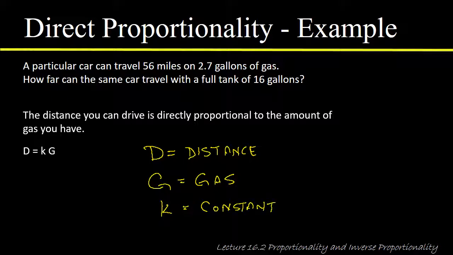So if we recognize that there's a direct proportionality, then we can write this mathematical relationship, and once we've got that, it should be pretty easy for us to solve the problem.